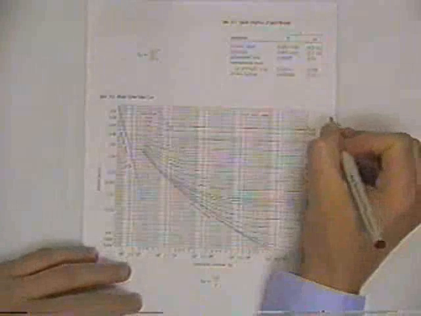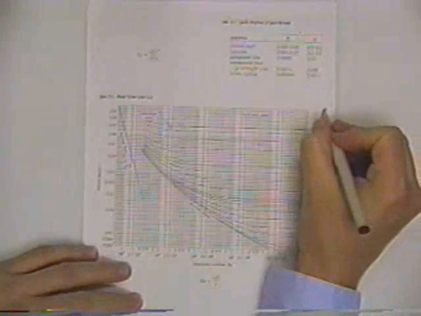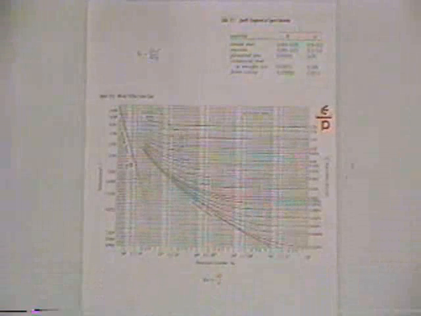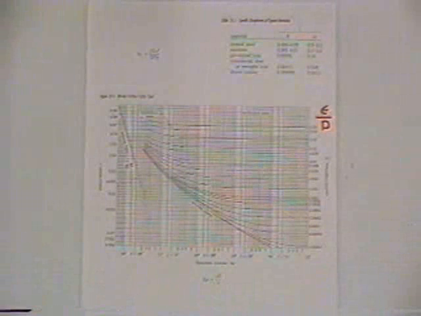So what's going to really count is the relative roughness, which is the absolute roughness on the inside of the pipe divided by the diameter. And so on this scale of the Moody diagram, we've got the absolute roughness divided by the diameter of the pipe. Friction factor is going to depend upon the characteristic of the pipe.